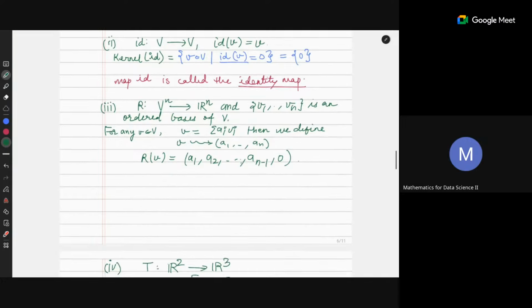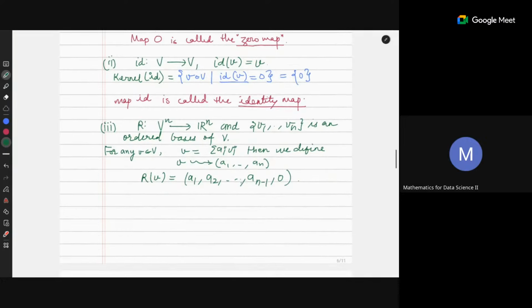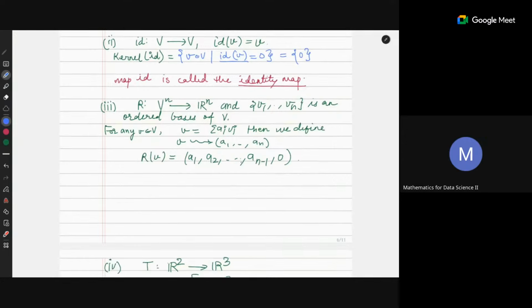Now, what is the kernel of this map? Let's figure it out. Kernel of R is the set of all vectors in V such that R of V is the 0 vector, but in Rn. What is R of V? It is A1, A2 up to An minus 1, 0.